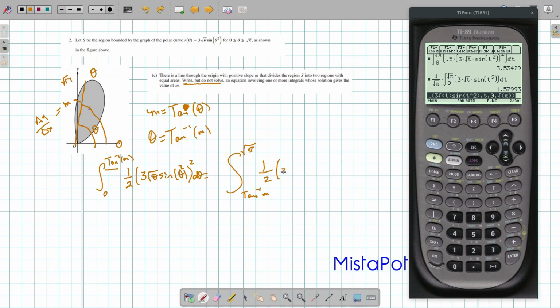So 1/2 times 3 radical theta times the sine of theta squared, d theta.